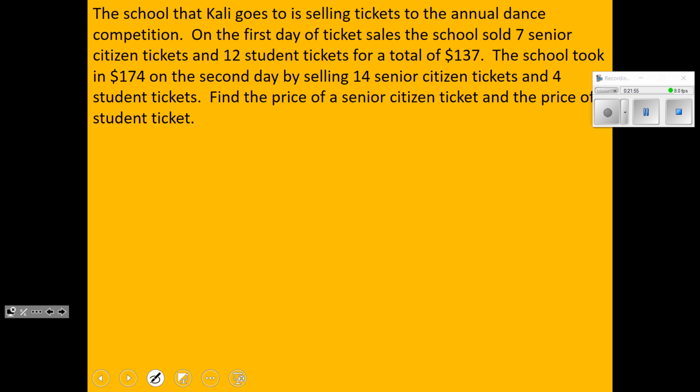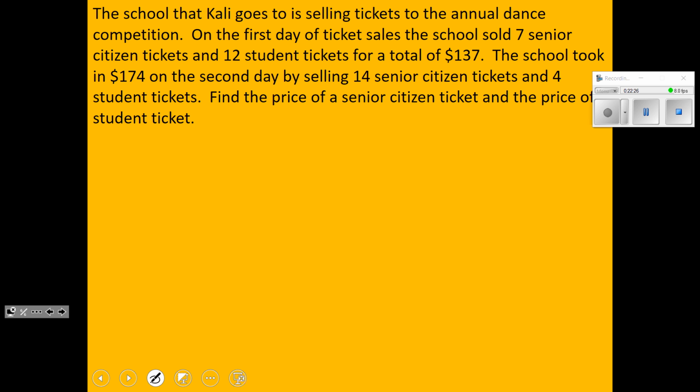On the first day of ticket sales, the school sold 7 senior citizen tickets and 12 student tickets for a total of $137. The school took in $174 on the second day by selling 14 senior citizen tickets and 4 student tickets. Find the price of a senior citizen ticket and the price of a student ticket.